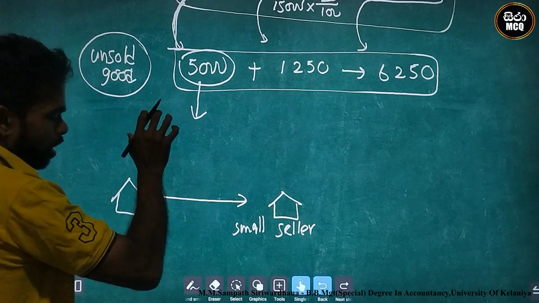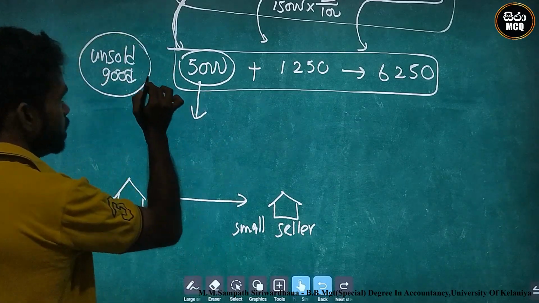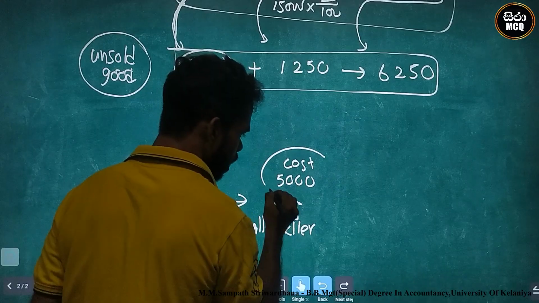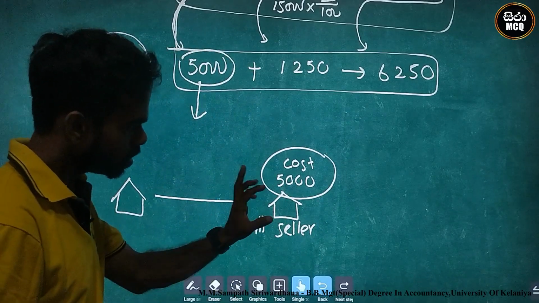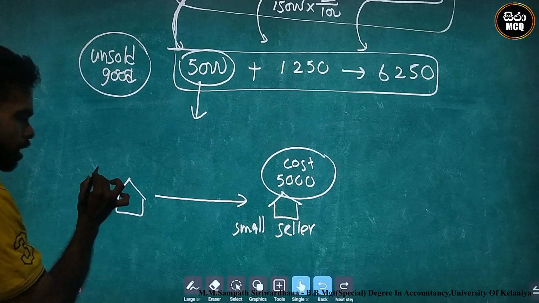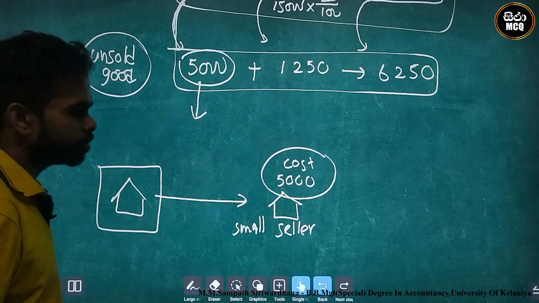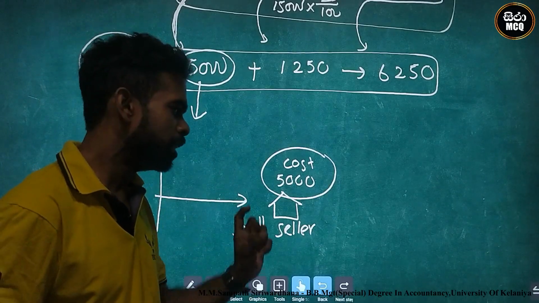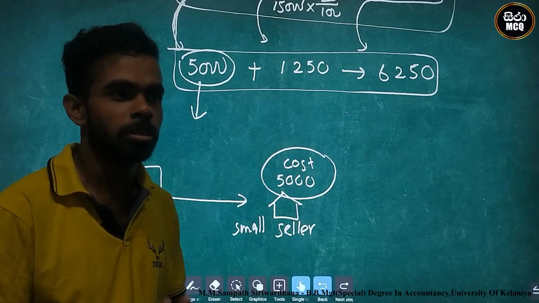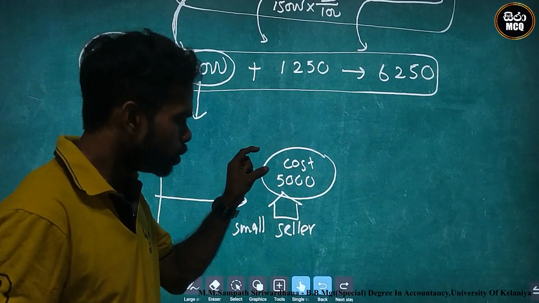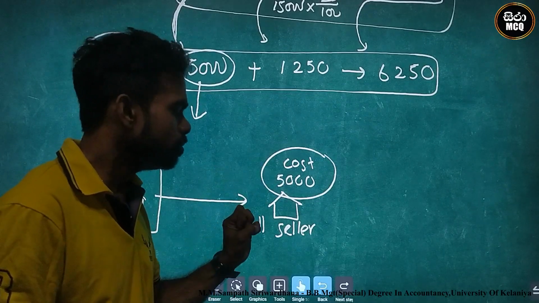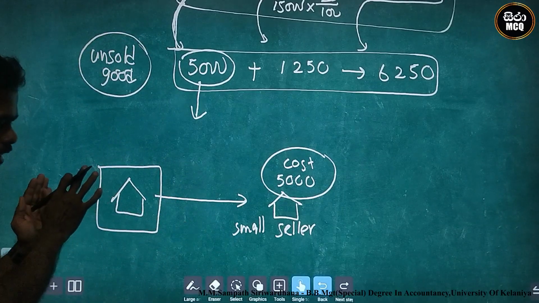In that case, we issued some goods, but 5,000 cost of goods is unsold. Therefore, these goods are with the small seller, but we must identify them in our stock. Why are these goods our stock? Because we control the cost of the goods, and the risk remains with our business.